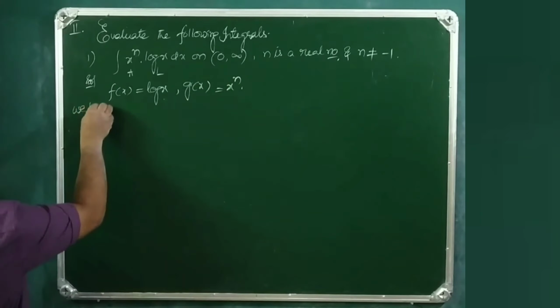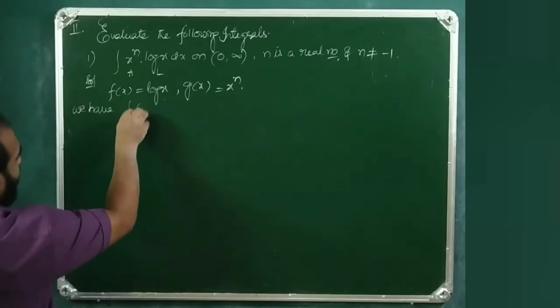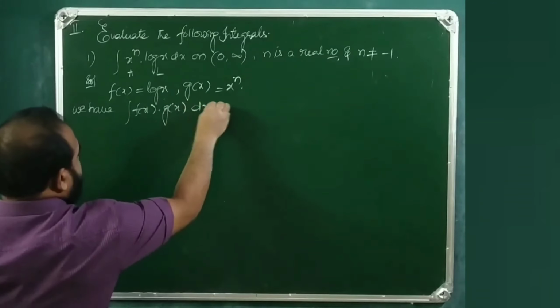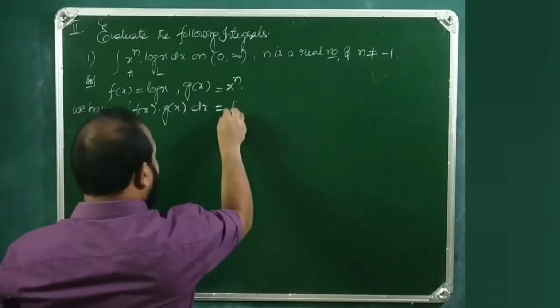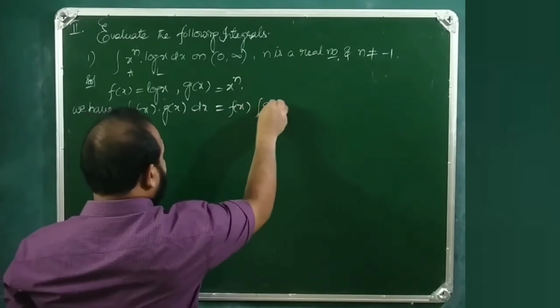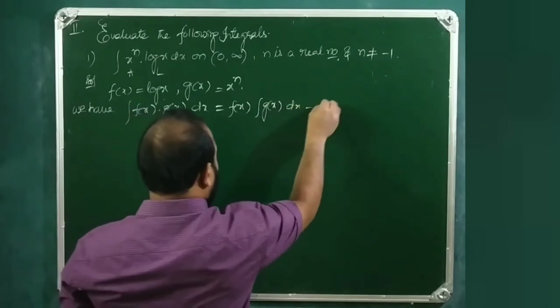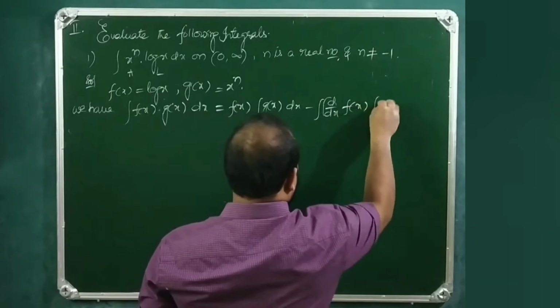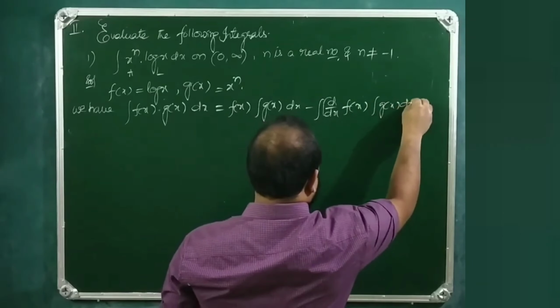We have the integral of f of x into g of x dx equals f of x into the integral of g of x dx minus the integral of d by dx of f of x into the integral of g of x dx, whole dx.